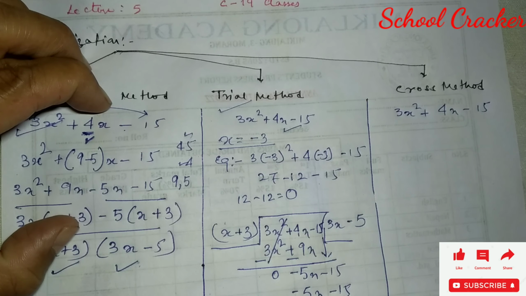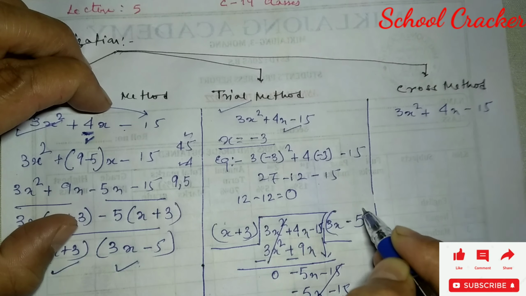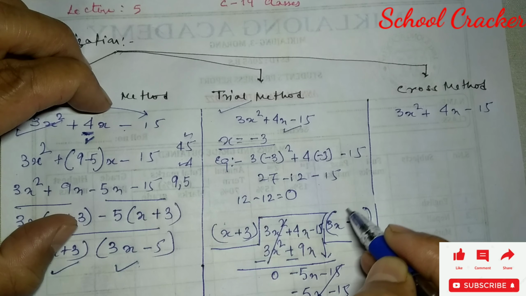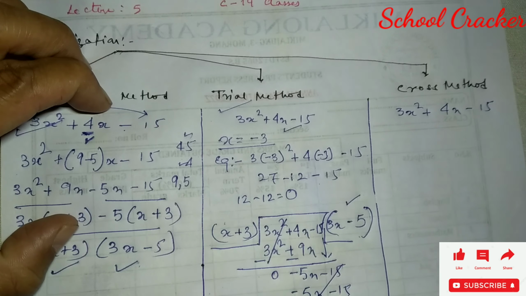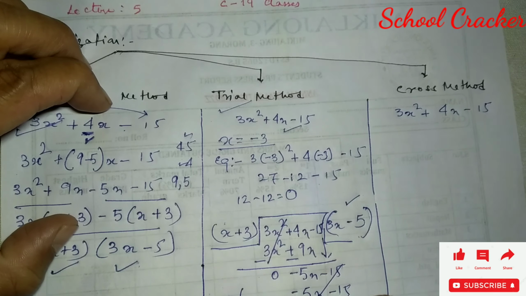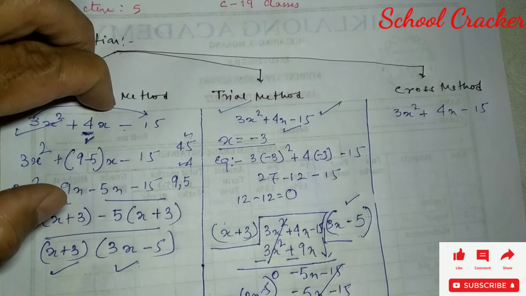Change the sign. So the remainder is 0. Hence, the new factor is the quotient of this division. So x plus 3 and 3x minus 5 are the factors of the polynomial.